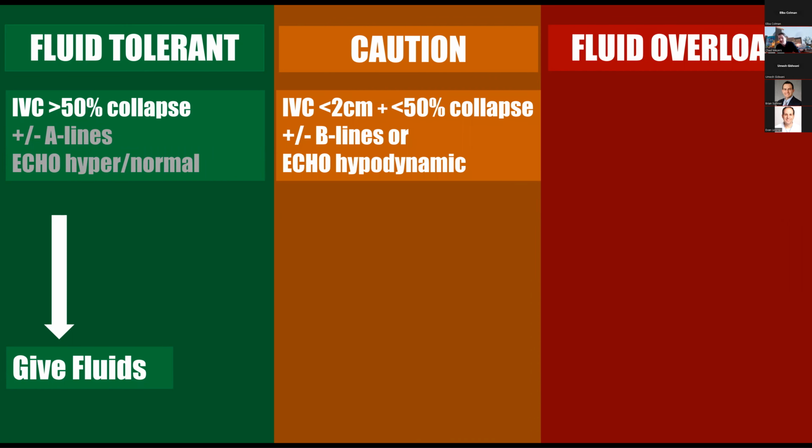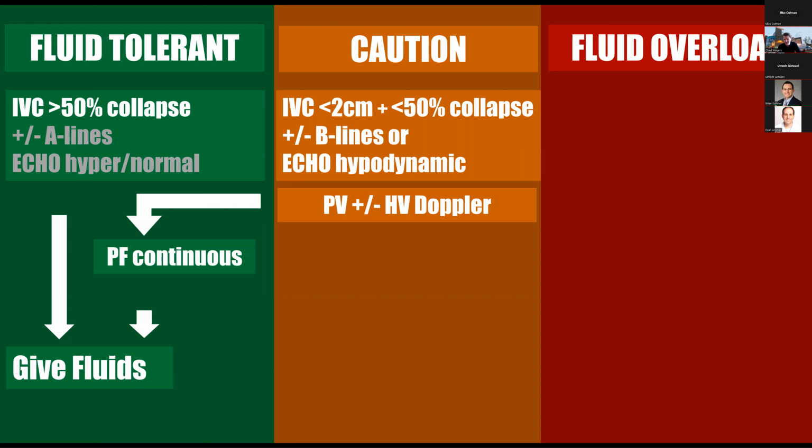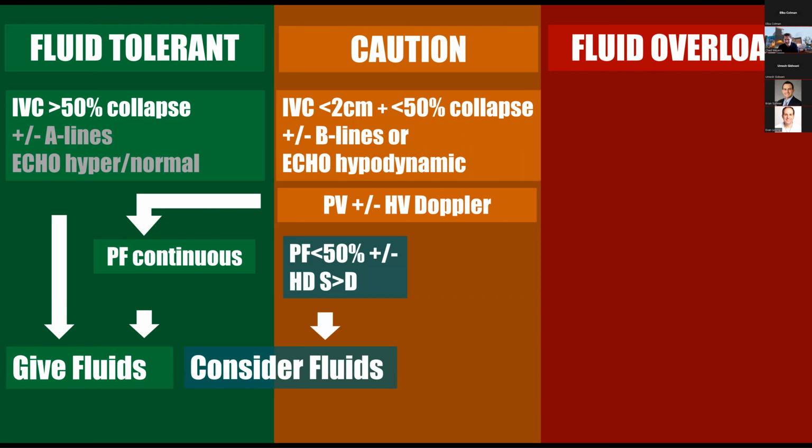Now, if they have less than 50% collapse, but their IVC is still relatively small, less than 2 centimeters, especially if my echo is hypodynamic, then I'm going to go ahead and do a portal vein and maybe a hepatic vein Doppler. If my portal vein shows continuous flow, then I can feel pretty confident, again, that this patient probably tolerates fluids.